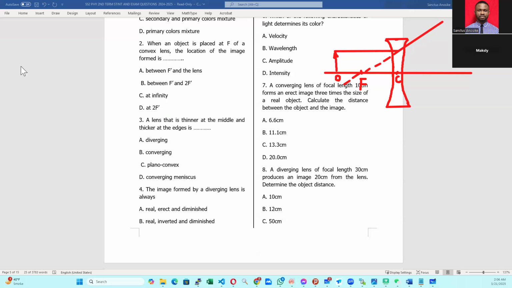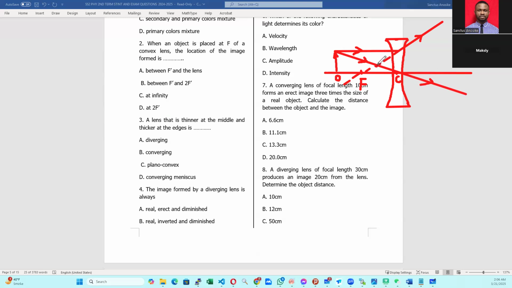Meanwhile, it's a ray that diverged when it hits the lens. So another ray will pass through the optical center undeviated. Any ray, whether convex lens or concave lens, that passes through the optical center will pass through undeviated in a straight line.